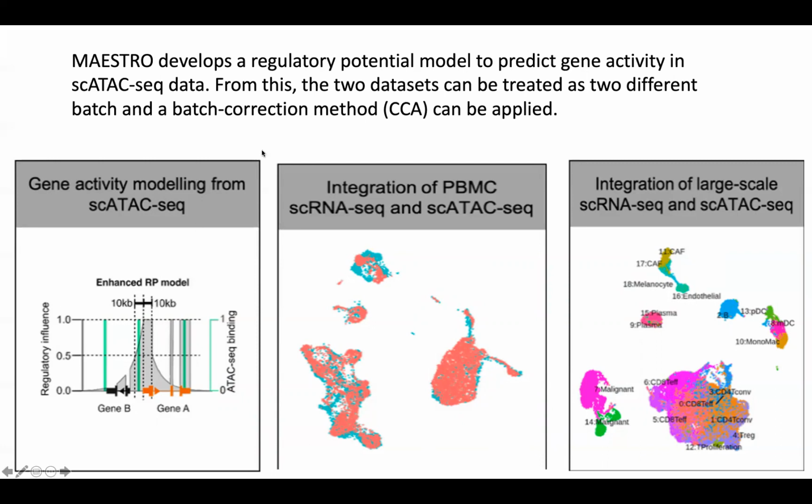From that, you do batch correction between the real gene expression and the fake gene expression. For example, the blue might be single cell RNA-seq and the red might be single cell ATAC-seq. If you know the cell type labels for the blue, then you can do something like K nearest neighbors for the red to annotate cell types for the single cell ATAC-seq, which is, like we said, more difficult.